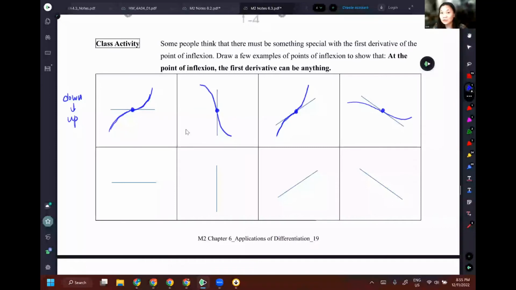Next practice, let's do concave up to concave down. Follow me. Concave up, concave down.